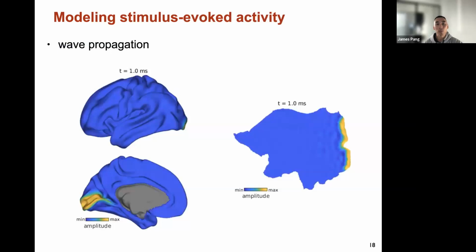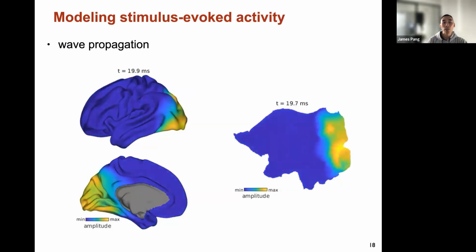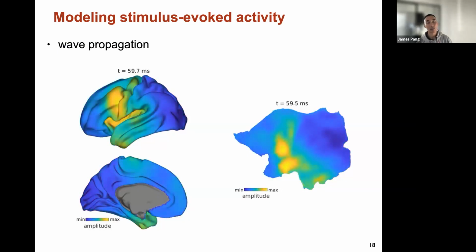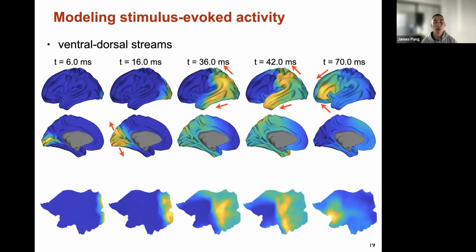And for the stimulus-evoked activity, we tried pinging, say, the visual cortex and allowing it to propagate through time and space. We see this propagation. And if you look closer, it seems like with just a simple model, we can capture this separation of the ventral and dorsal streams, again without explicitly putting it in our model.